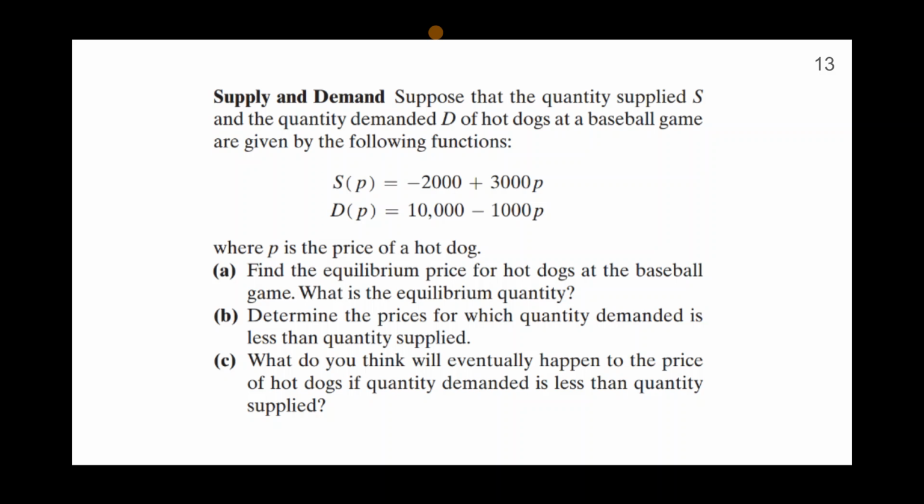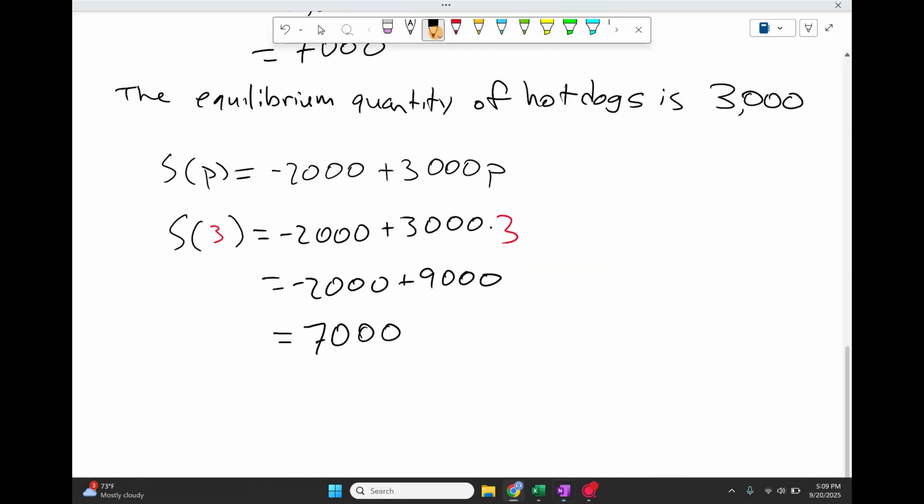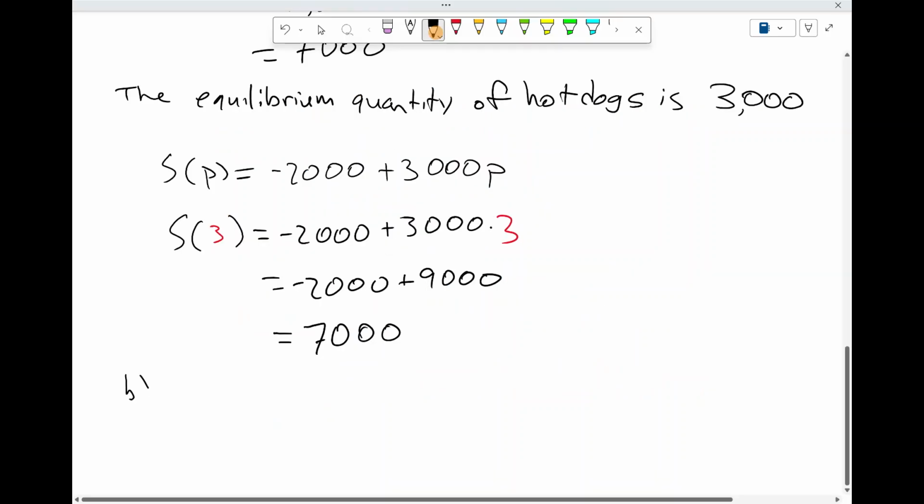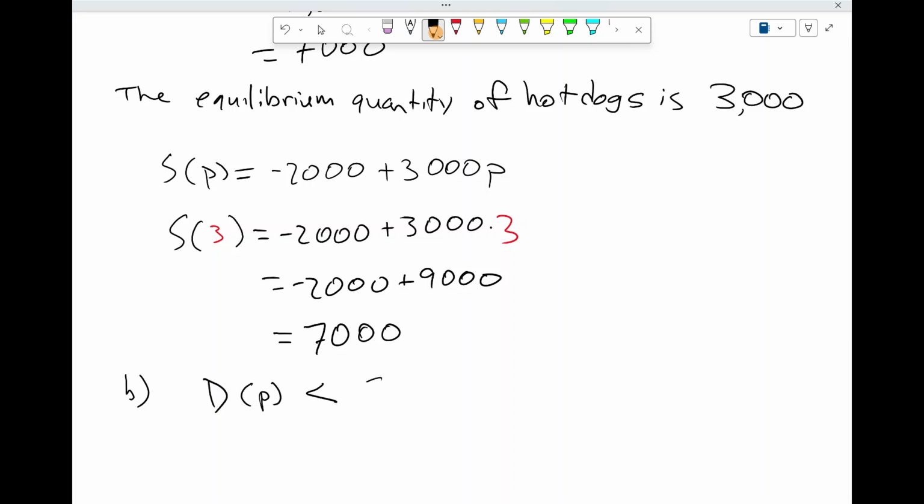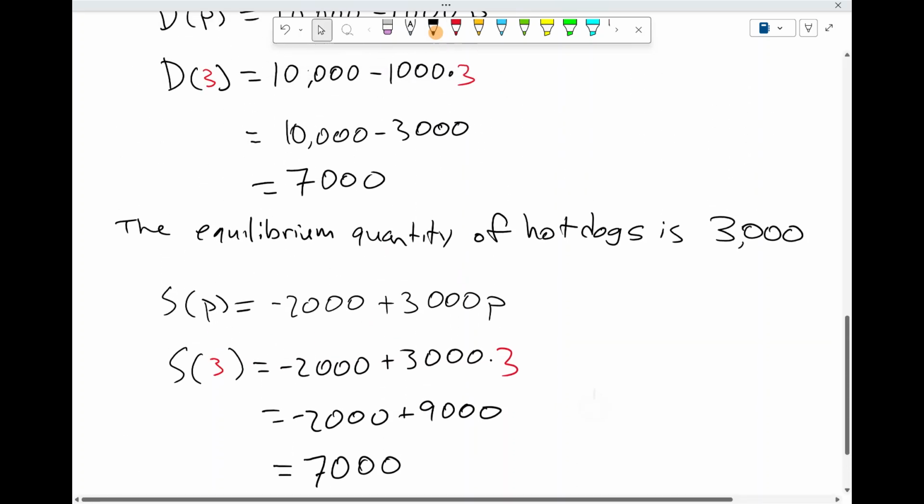Determine the prices for which the quantity demanded is less than the quantity supplied. Okay, so that would be, when is the demand less than the supply? So I'm just going to set them equal to each other.